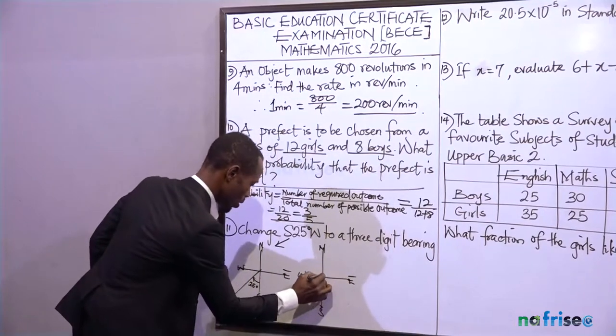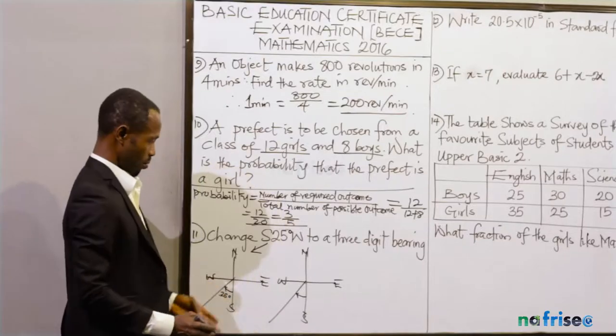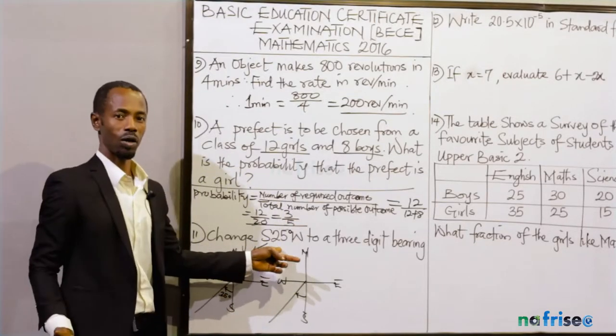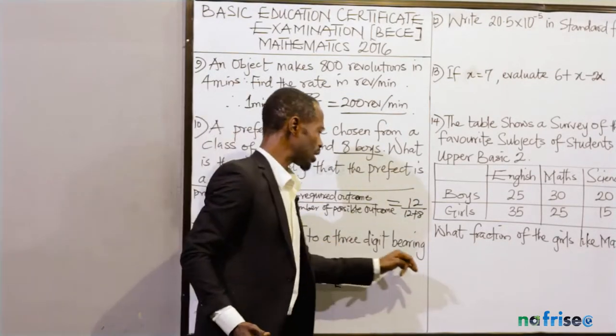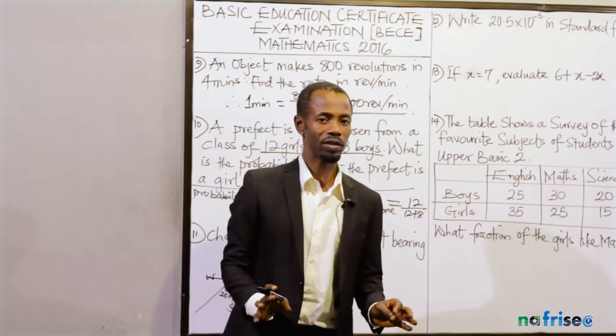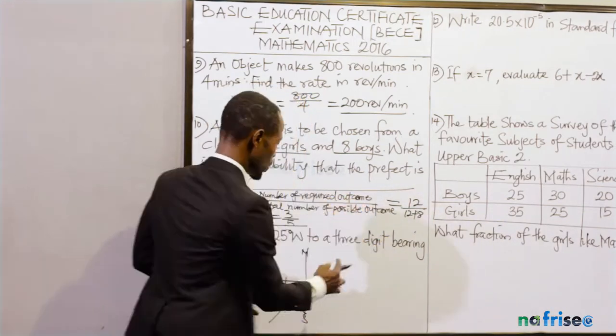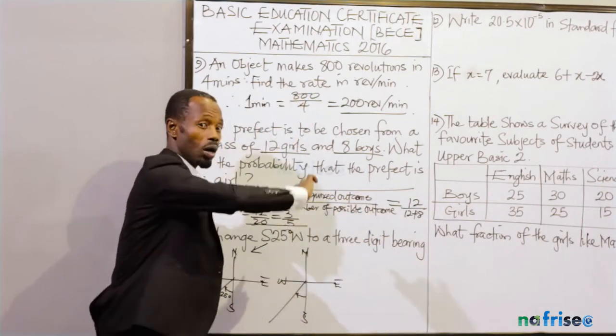If we have these 25 here as our compass or acute angle bearing, and they say express it in 3-digit bearing, get it straight. In a 3-digit bearing, your bearing or angular movement starts from the first quadrant and goes what? Clockwise.